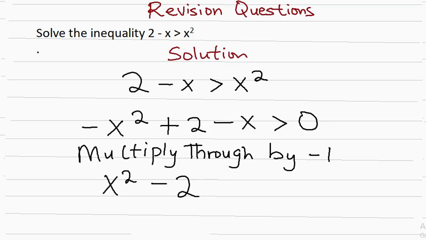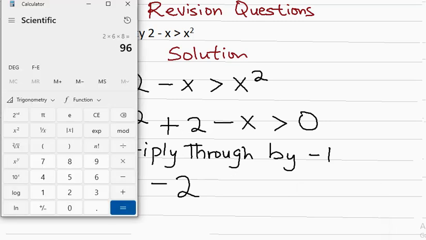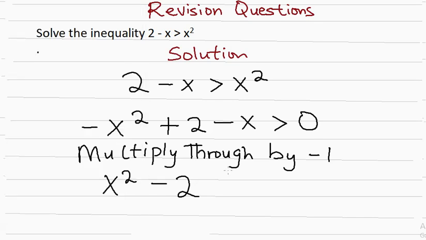To write it in standard form, the x is supposed to come first, so let's start with the x. Minus x multiplied by minus 1 gives me plus x, before the minus 2. Minus 2 comes from plus 2 multiplied by minus 1. And of course, minus 1 multiplied by 0 gives me minus 0.